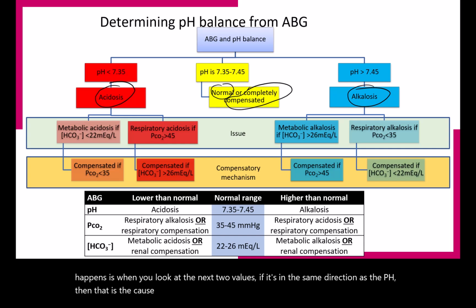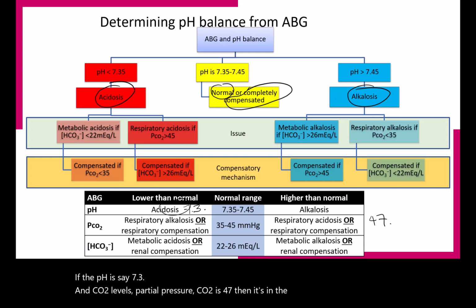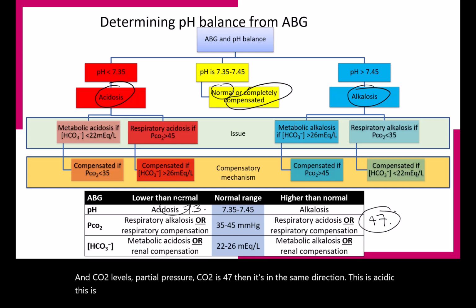So, for example, if the pH is, say, 7.3 and the partial pressure of CO2 is 47, then it's in the same direction. This is acidic, this is acidic. And so this would be called respiratory acidosis.